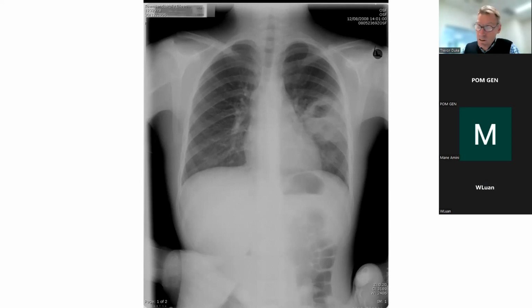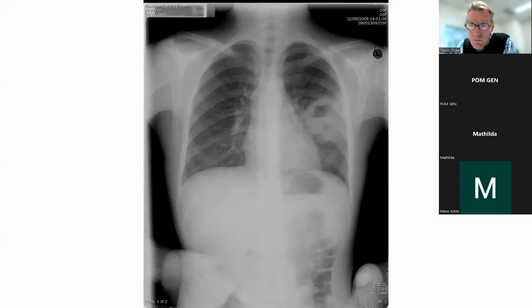And you need to be thinking about using some other agent, such as what, Benji? What else would you think about using if you thought it might be MRSA? Yeah, that's right. And if this patient was your patient, how would you try to work that out? Because if you treat them with flucloxacillin and they don't get better, then what are the possibilities?